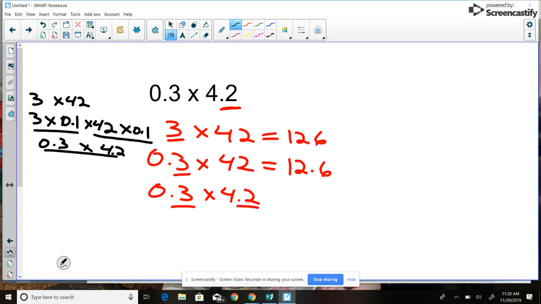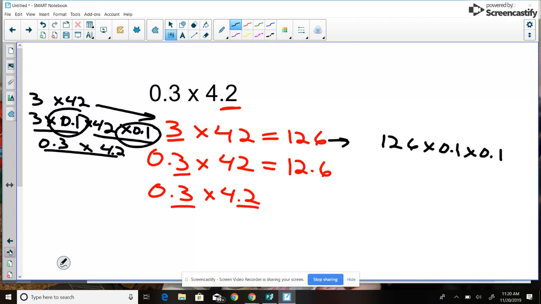and multiply it like we did over here, now the only thing left to multiply to this number is a tenth times a tenth, which becomes 126 times a hundredth, which is 1 and 26 hundredths.